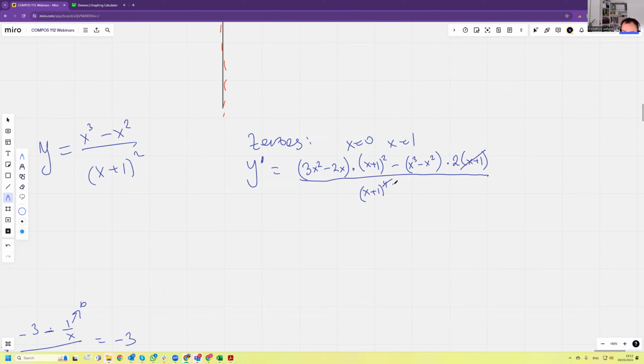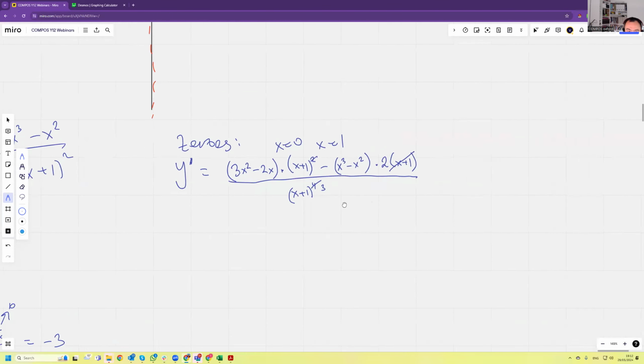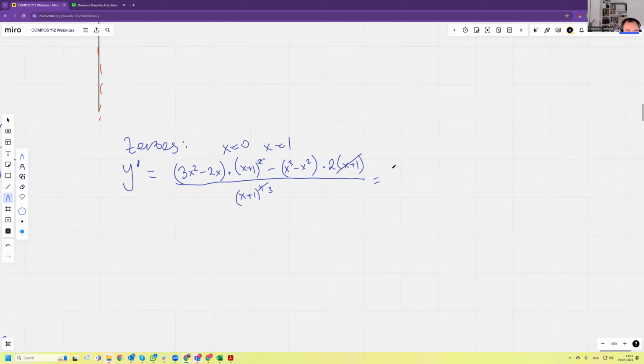So x plus 1 cancels. Okay, what are we left with? We're left with 3x cubed plus 3x squared minus 2x squared minus 2x minus 2x cubed plus 2x squared.